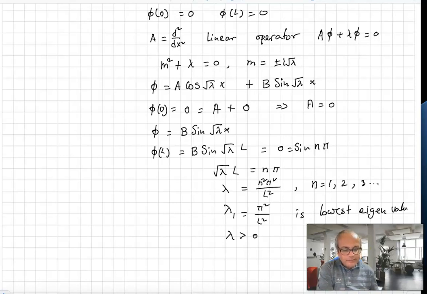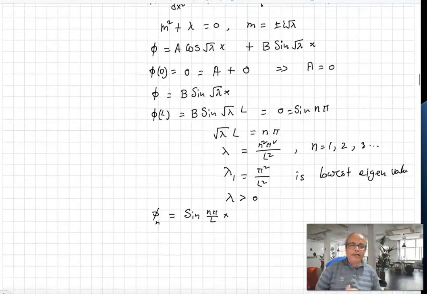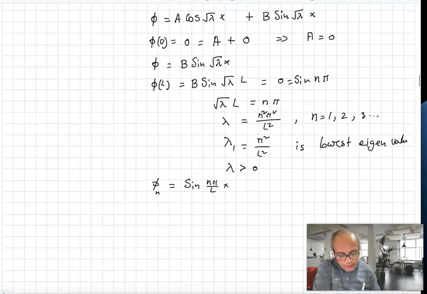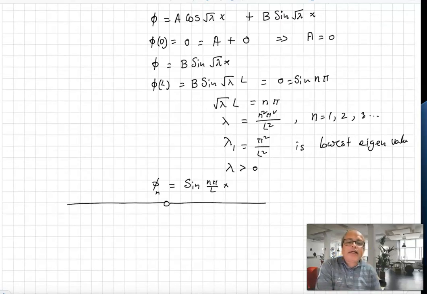And the nth eigenfunction, without using the coefficient b, will be sine of n pi divided by L times x. That's the eigenfunction. You can see that sines are orthogonal, so eigenfunctions are orthogonal. This is a very interesting result, very useful and easy to understand.